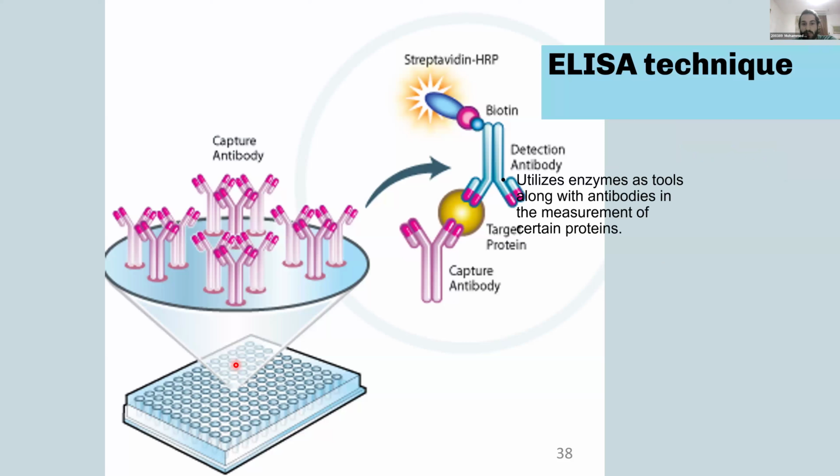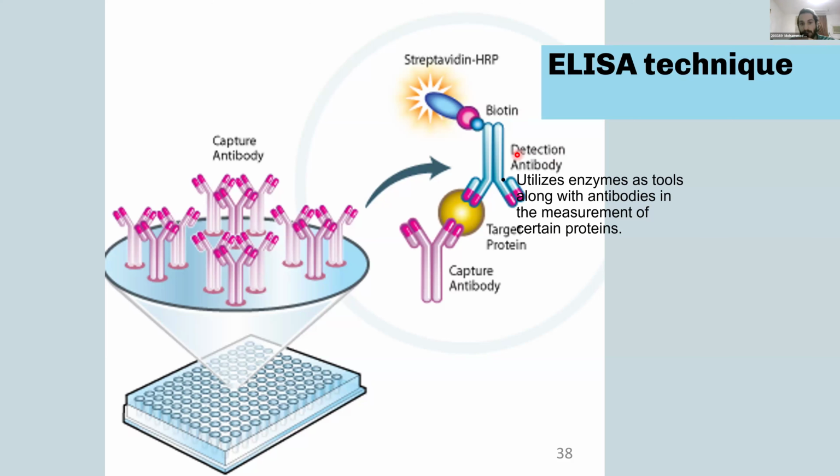You use an enzyme in ELISA when you want to check if you have a protein in the blood. You want to diagnose it using ELISA. So this is how ELISA works. This is the target protein. In the sample, you put antibody, and with this antibody there is an enzyme attached to it.